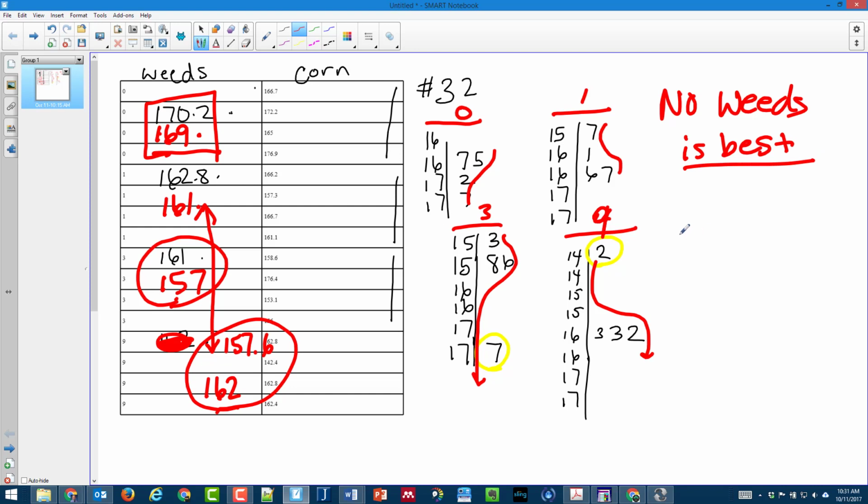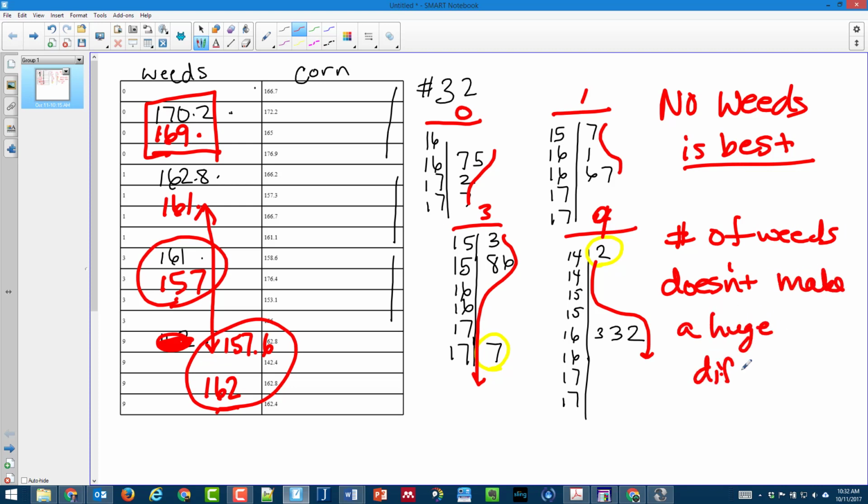Once you get a weed, it doesn't matter too much, but the number of weeds doesn't make a huge difference. Once you have one, you've got one. It doesn't make a huge difference after that whether you have 1, 3, or 9 in those 3 cases.